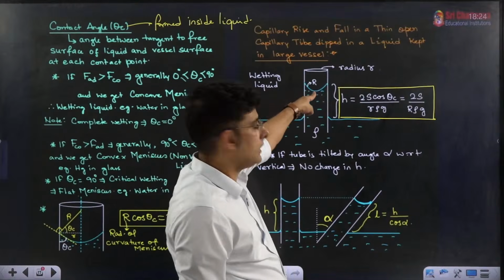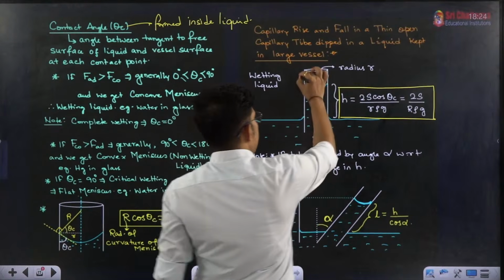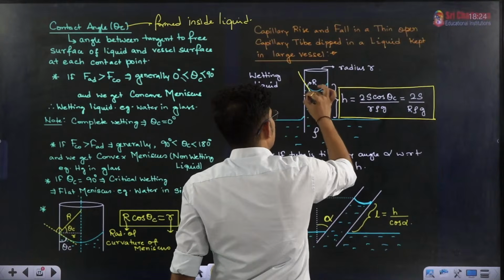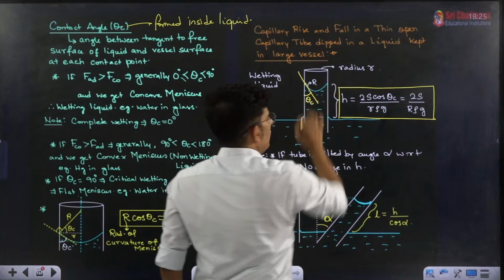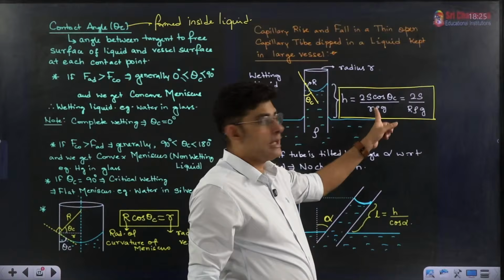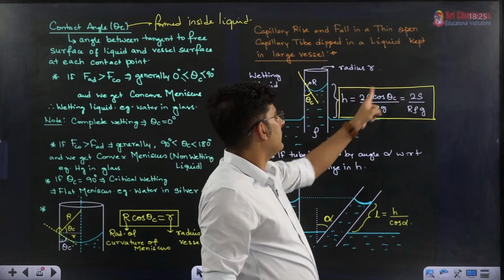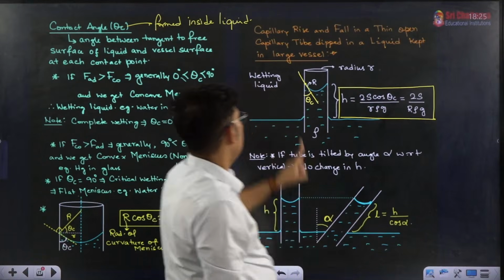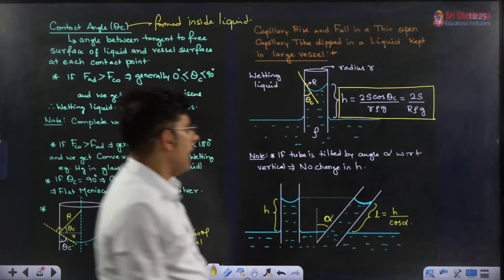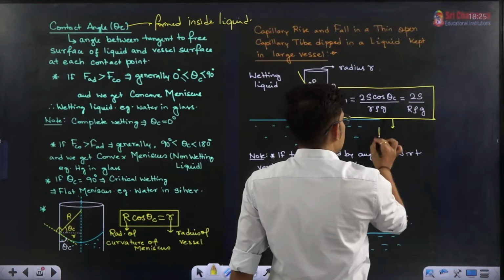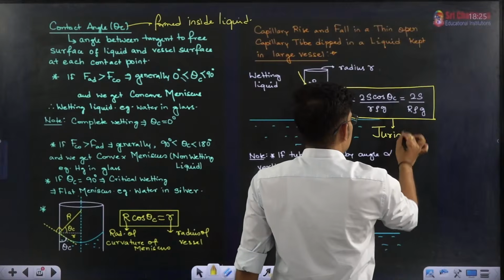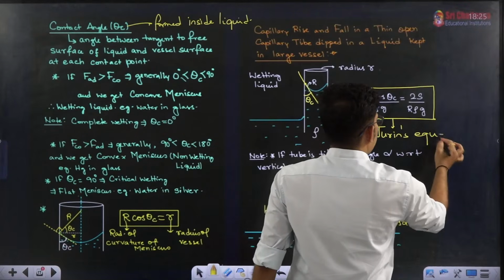Capital R is the radius of the meniscus. If you see the contact angle, we know this is the contact angle theta c. So if you put capital R as small r by cos theta c, you can write 2S cos theta c by r rho g. This is the capillary rise, extra rise, and this equation is given a name, you can remember, it is called Jurin's equation.